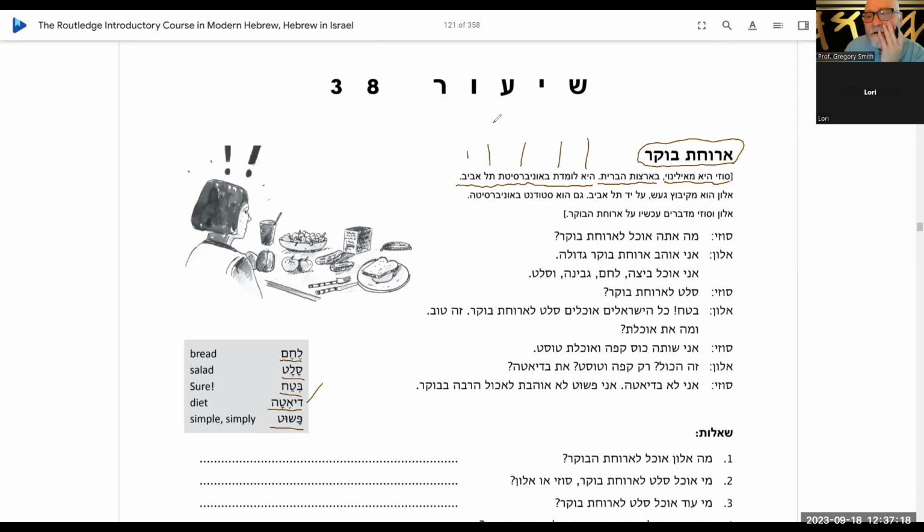All right, so now here's another situation here. Elon, who looks like Mickey Boots. Okay, so Elon, he is in a kibbutz. Looks like this is the name of the kibbutz.